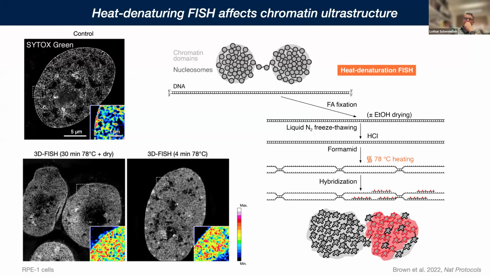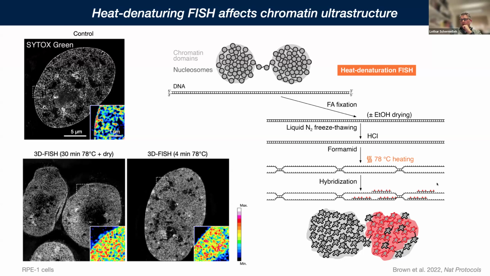You wouldn't really see this on a conventional microscopy scale, but at super resolution you can see that the distinctive domain and interchromatin space gets somewhat lost.